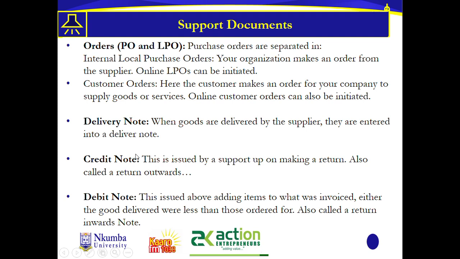And so one can ask, why did you pay the invoice? The initial invoice shows 2 million. Why did you pay 3 million? Then you have to give accountability that there is a debit note which added something on the initial invoice.